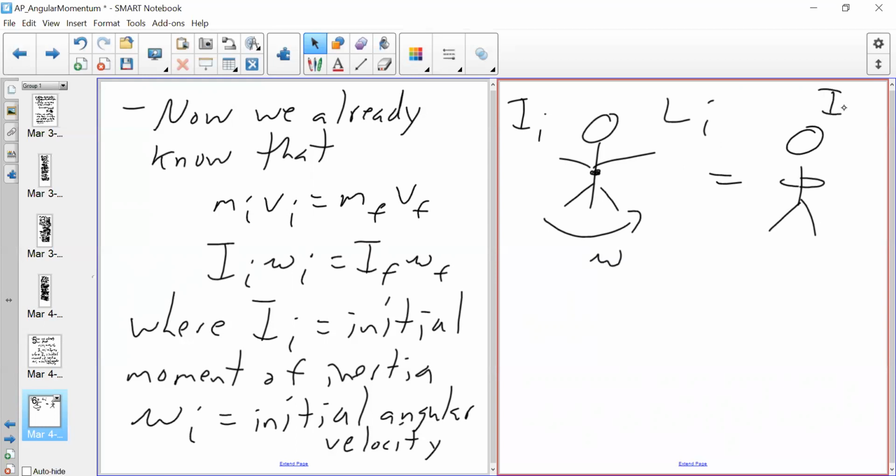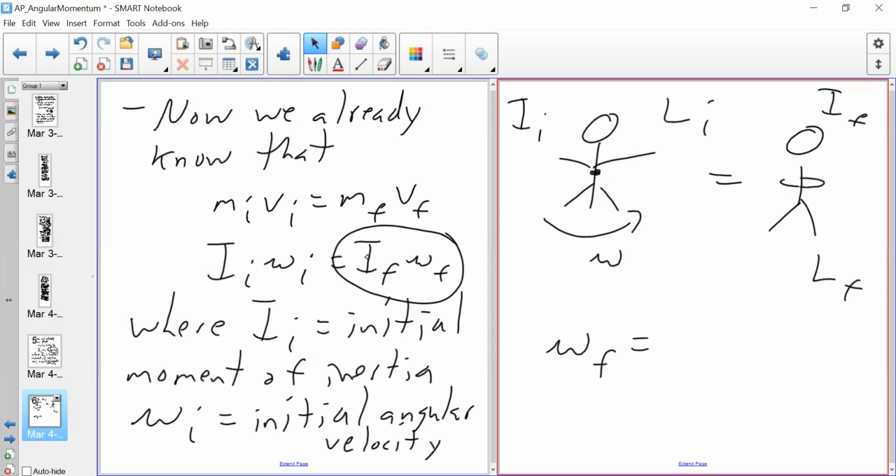Then we have a change in the moment of inertia. The moment of inertia is going to get smaller because the radius is going to decrease. The arms are brought closer to the center of mass. And so as a result, the final angular momentum is going to change, but the amount between both is going to be the same. This is an illustration of why ballerinas spin faster when they bring their arms in.